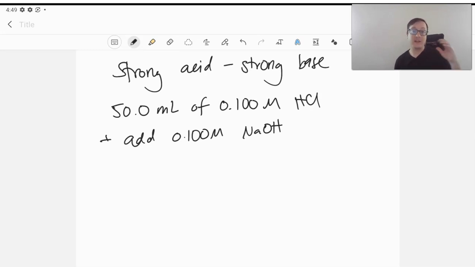When we add 0 mL of base, when we add 25 mL, when we add 32.74 mL, when we add 50 mL, when we add 62 mL, whatever points we're interested in, we can evaluate the pH. And we'll see that strong acid, strong base titrations generally follow the same pattern.